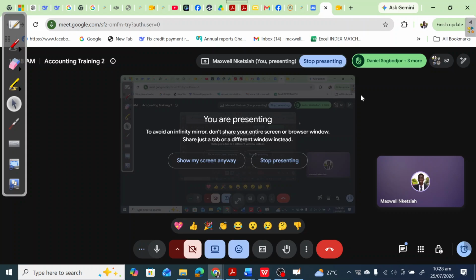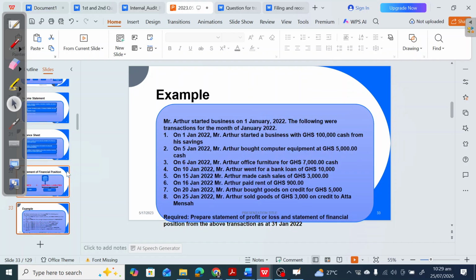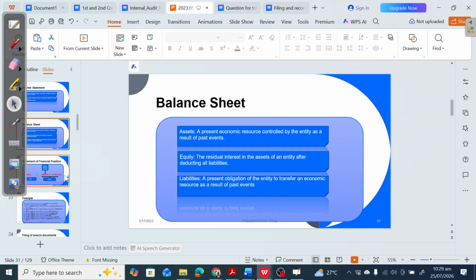So the key word here is resources. And what are resources? Resources refer to anything that is used to solve a problem or anything that has some benefits, that gives you some form of benefit. It's a resource.